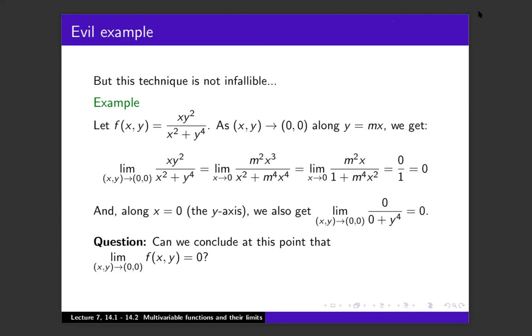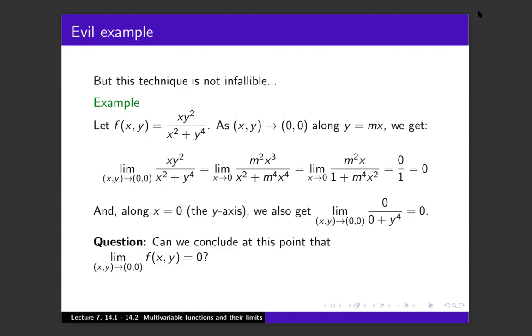Well, again, you plug in y equals mx, you get the limit as x goes to 0 of m squared x cubed over x squared plus m to the 4th x to the 4th, which is 0.